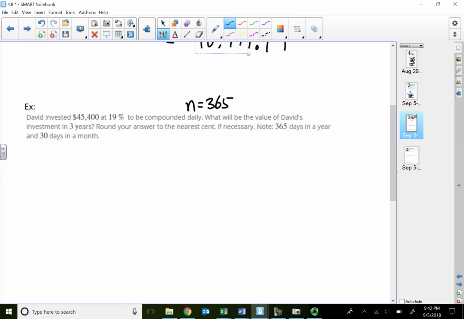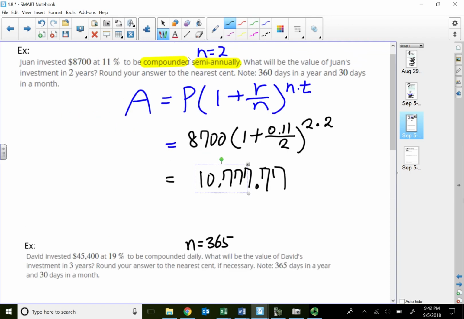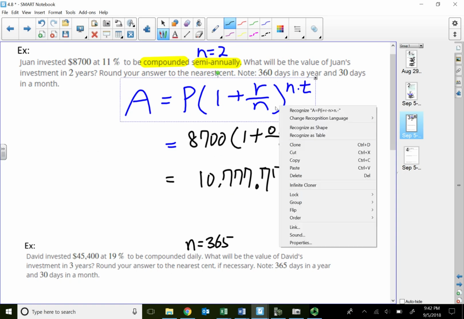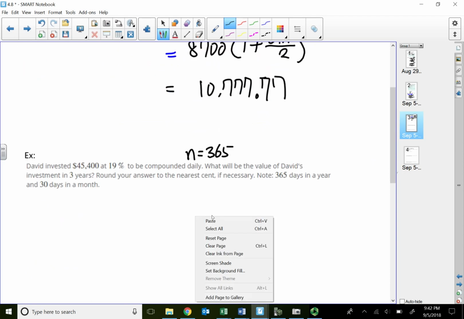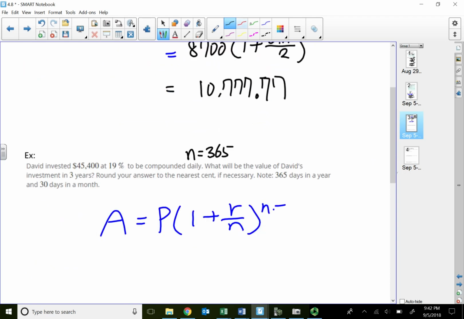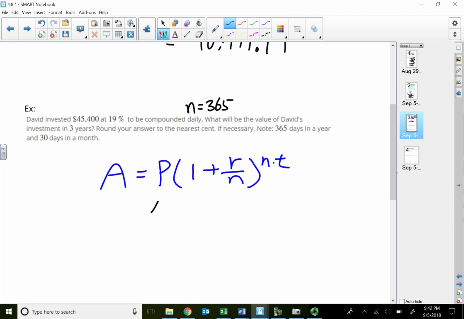So David invested $45,400 at 19% compounded daily. What would be the value of David's investment in 3 years? Okay, so let me just copy and paste this formula real quick. Let me move it down here. So let's take a look. Let's punch in some numbers here. All right, P is $45,400 times 1 plus 0.19 divided by N, which is 365.